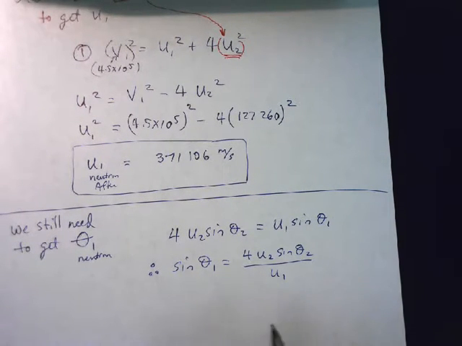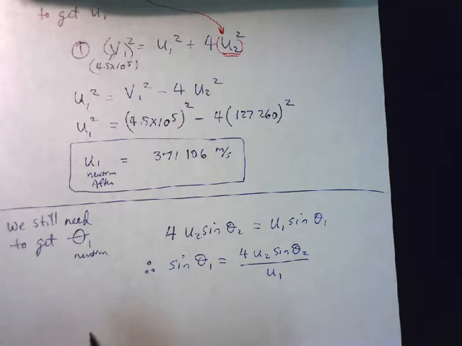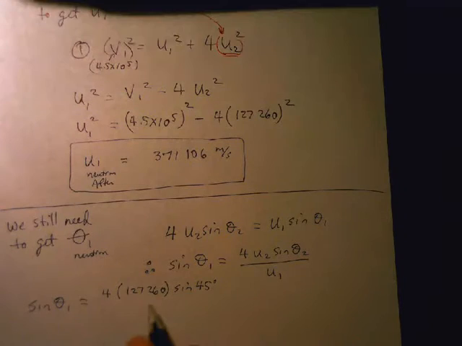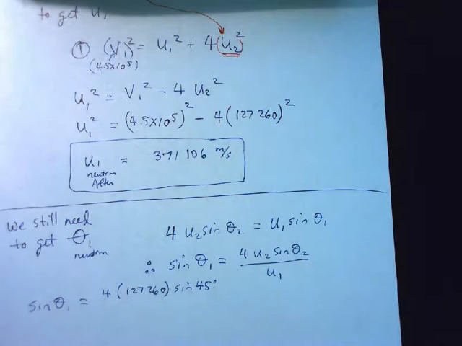Okay, and we already know those, and we already know U1. So let's go ahead then and plug that in. So sine theta 1 equals 4 times 127,260 times the sine, and theta 2 is 45 degrees. Okay, all divided by U1, which is 371,106.